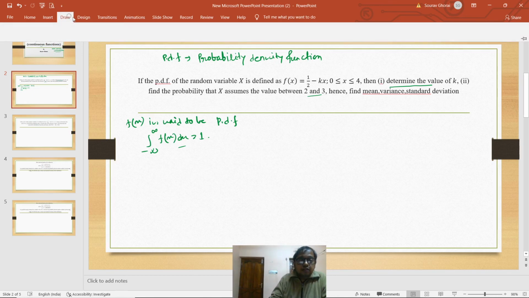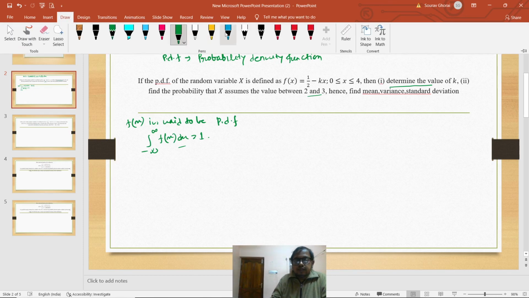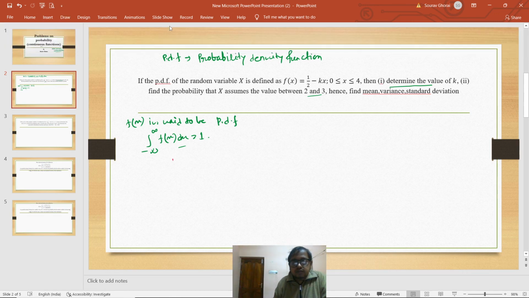So how can we use it? If we follow the relation, the integral from minus infinity to infinity of f of x dx is equal to 1. And here f of x is given, that is f of x is equal to half minus kx, defined over 0 less equal to x less equal to 4, and it is 0 otherwise.